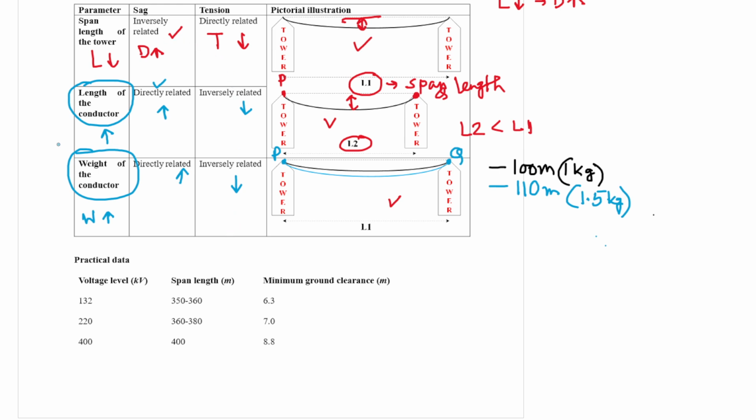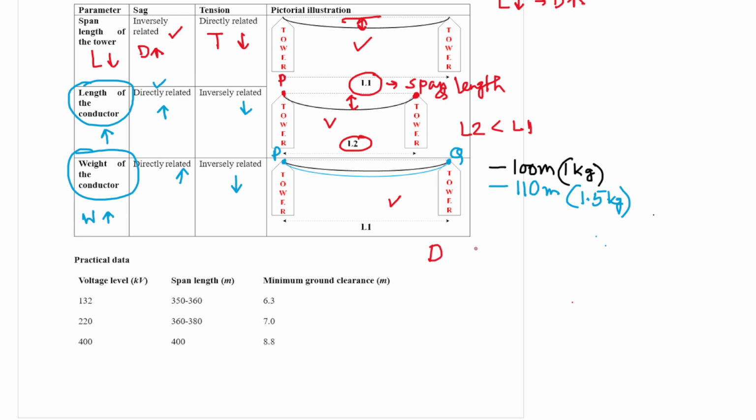So intuitively we can say that sag D is actually dependent on 3 parameters.